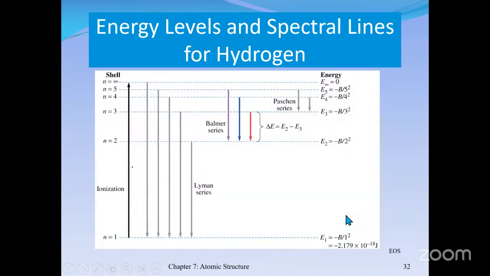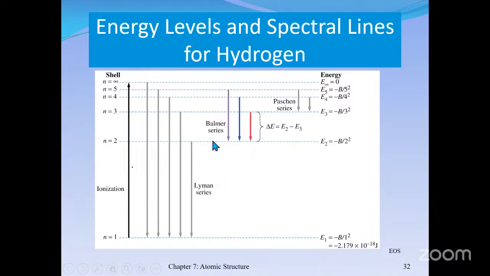Okay, now this diagram here basically summarizes the different spectral lines for the hydrogen atom, and as you can see here, you have transitions starting from n equals 6, ending up in n equals 1, 5 to 1, 4 to 1, and so on. All these transitions end in n equals 1, and the radiation produced as a result of those transitions, we call that the Lyman series.